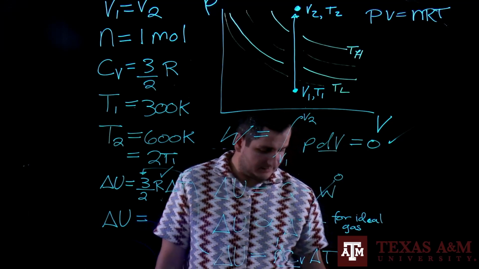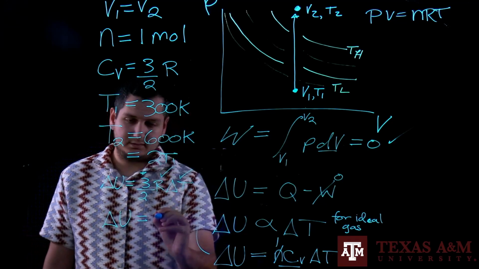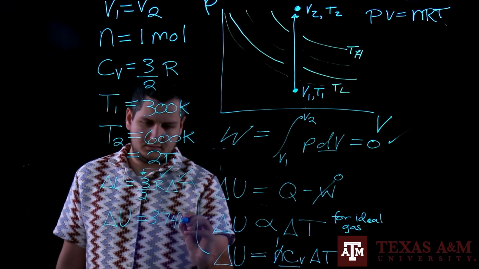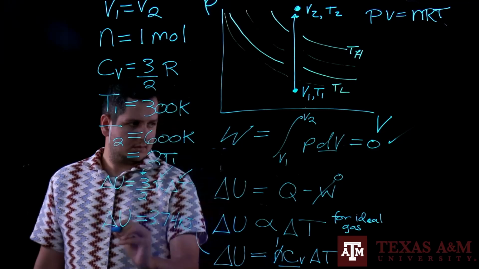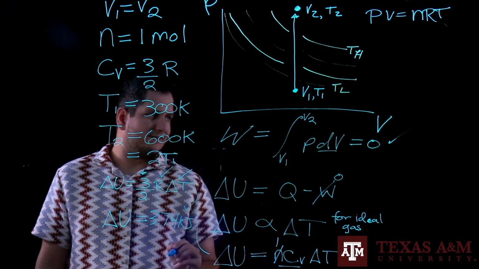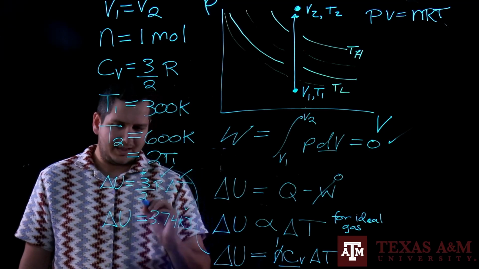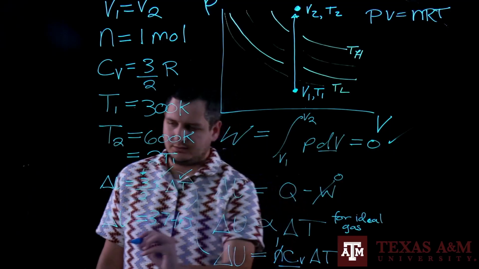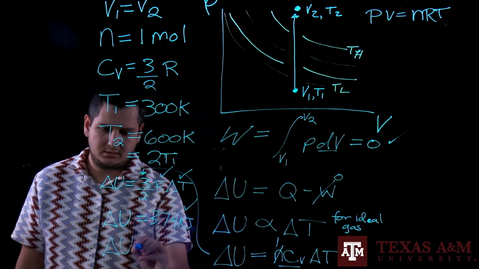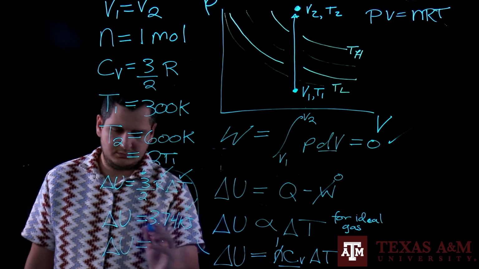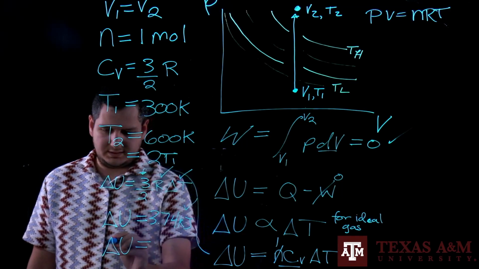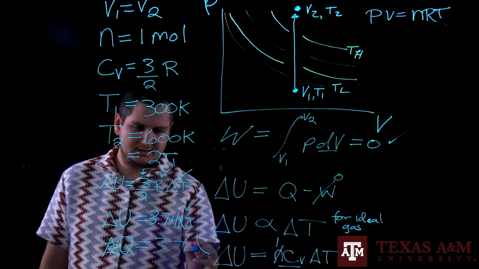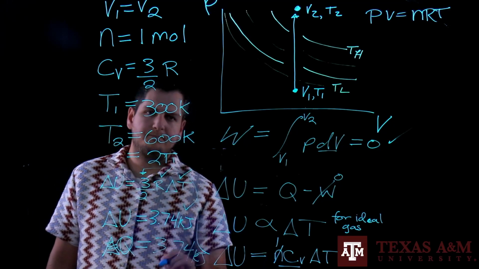If you would do the math, it is 3.74 kilojoules. Right? So we have that as well. And we know that U is equal to Q. Let's just say Q is also equal to 3.74 kilojoules. Okay?